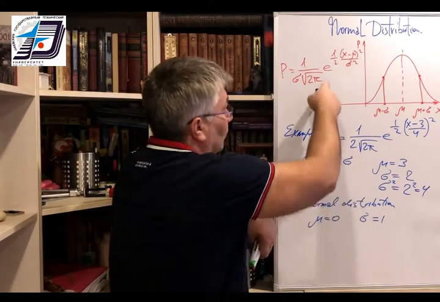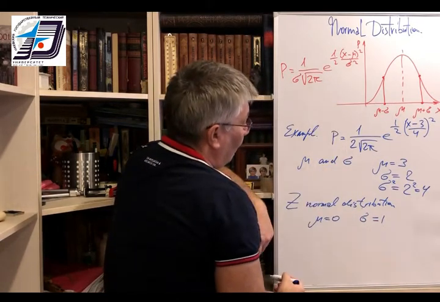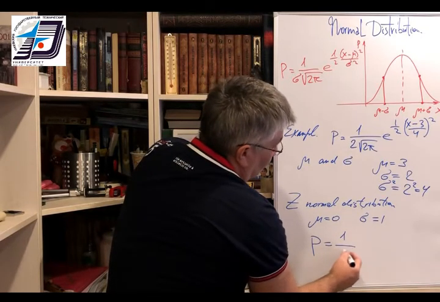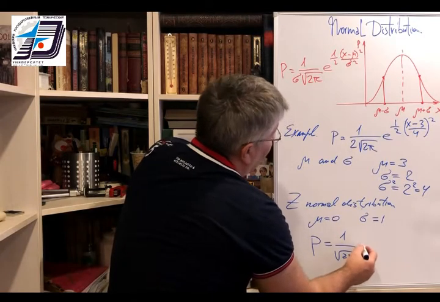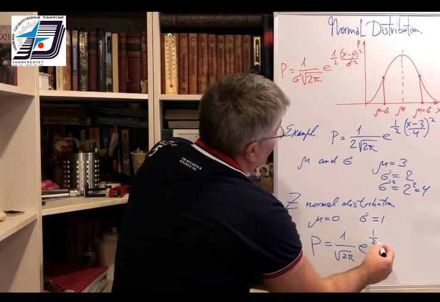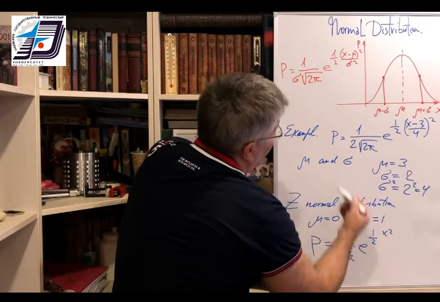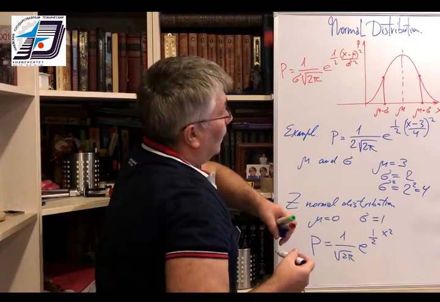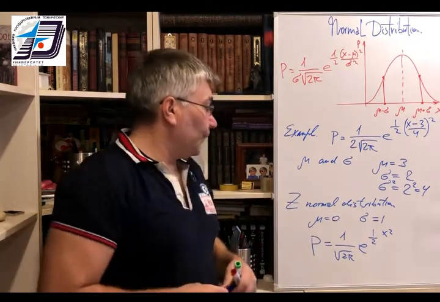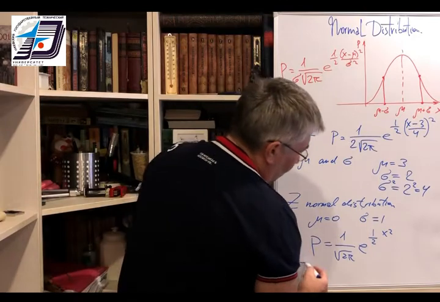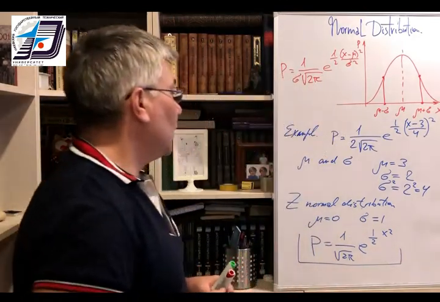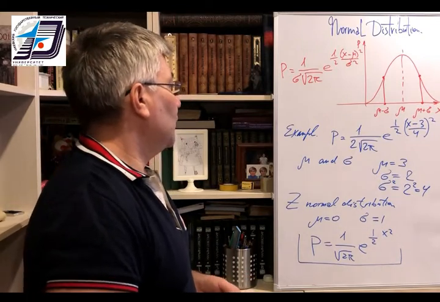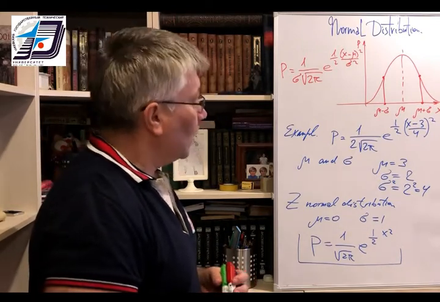So you can turn your formula into this one: p equals 1 over square root of 2 pi, e raised to the power of minus one half x squared, because mu equals 0 and sigma equals 1. This is the z distribution, and sometimes it is very convenient to use it to calculate different situations.